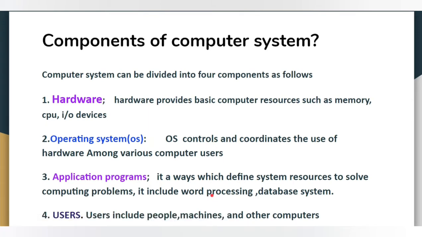We call them application programs, which are not necessary for the computer system. We use them for our own use, such as word processing, a database system, SQL, everything that we install in the computer system from outside.